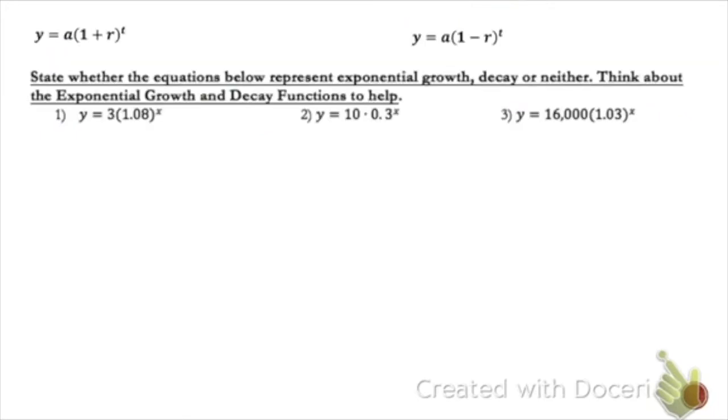The next thing I'd like you to do before we jump into real life situations is just to look at equations and figure out if they're situations of growth or decay. So I want you to think about the exponential growth and decay formulas or functions to help you.